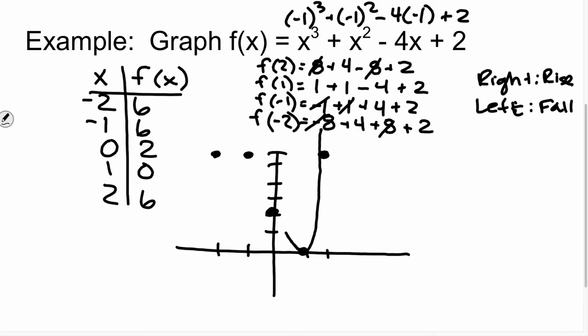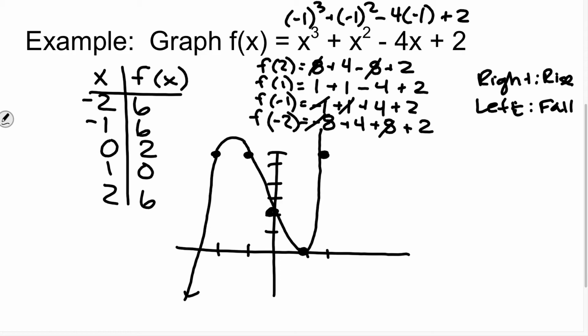Because I've got to come back up through my y-intercept, and then I've got to cross this point, and at some point I have to turn back around so that I can get through this other one. Remember, they're not just going to connect straight across. A polynomial is not straight, it's curvy. Okay? And then this side, I've already done 2 turns, and it's cubic, so that's the max turns it can have. This side must fall.